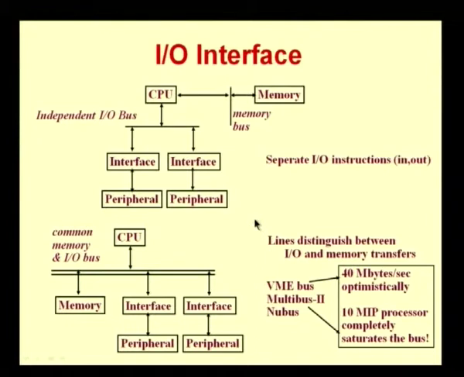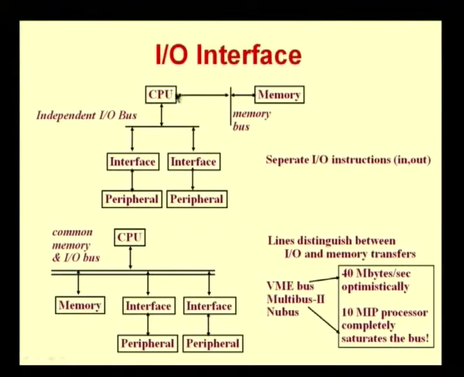So, let us look at what will happen in the case of memory mapped IO and in the case of IO mapped IO. Look at this. The CPU is there, and you can have a separate memory bus and an independent IO bus. This is the example of separate IO instructions, that is, the IO mapped IO.